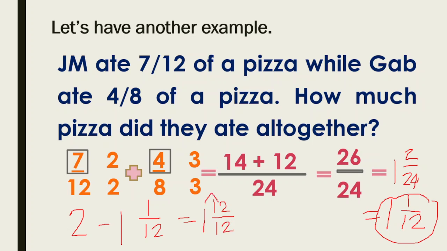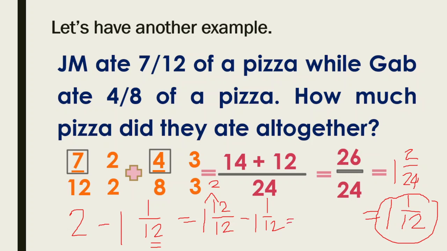Kasi pag pinagsama mo yan, 2 rin yan, di po ba? 1 plus 12 over 12 is 2. Bakit 12 over 12? Kasi yung denominator mo 12. Kung 15 yan, 15 over 15. Kung 16 yan, 16 over 16. Kasi instead of having different denominator, gawin mo ng kapareho ng denominator para madaling i-subtract yung 1 and 1 over 12.